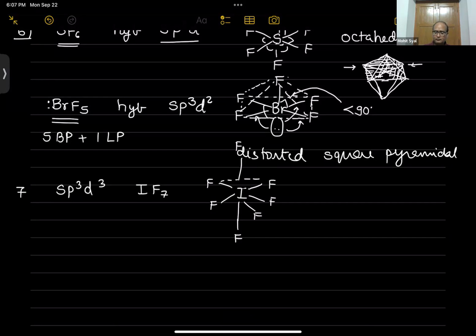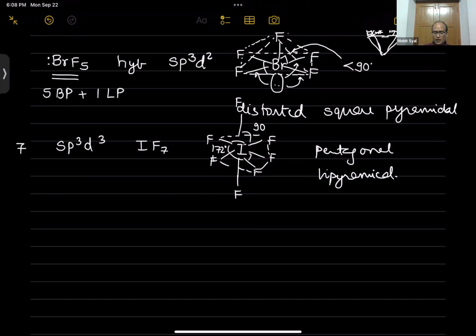What are the bond angles? These are all 90. In the pentagonal bipyramidal, the bond angle in the plane is 360 by 5, which is 72. Pentagonal means the base is a pentagon and there is one on top, and this is 90 degrees. Got it?